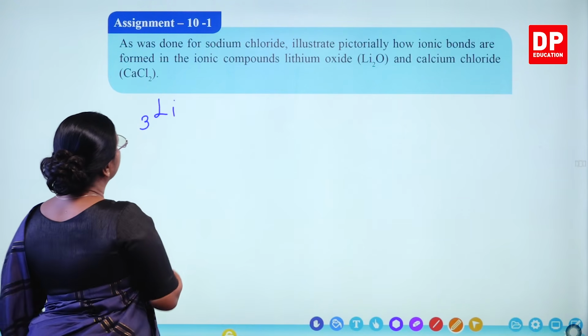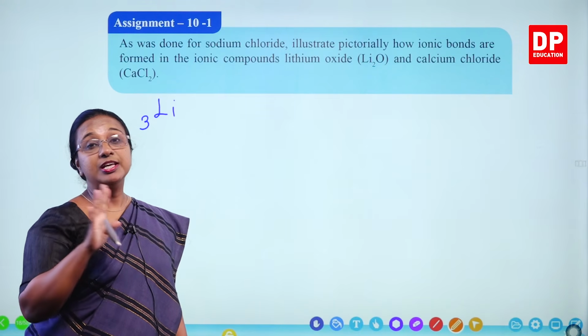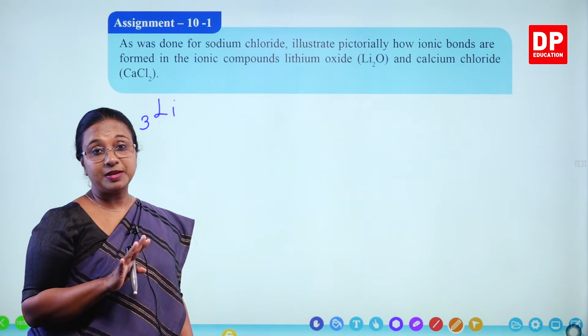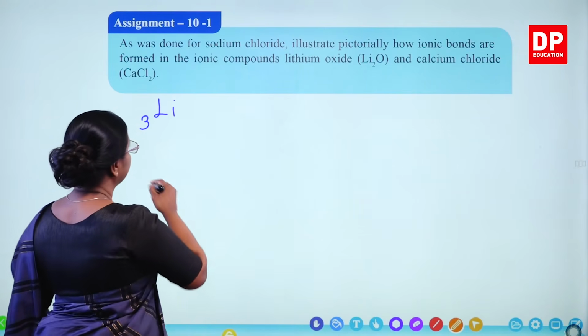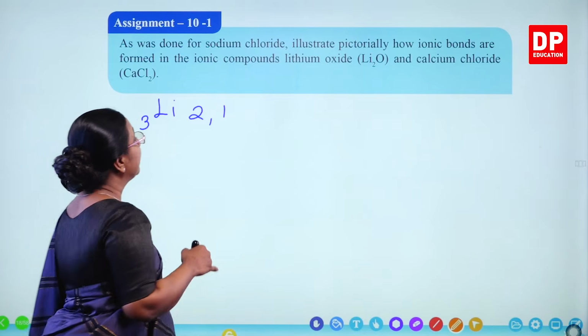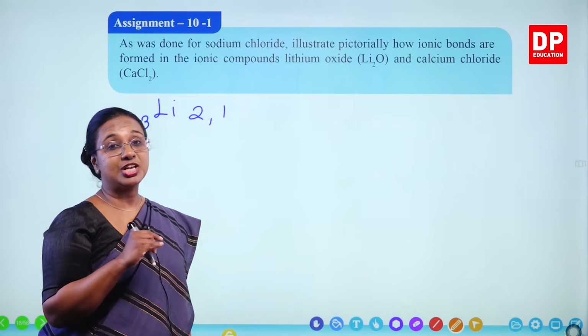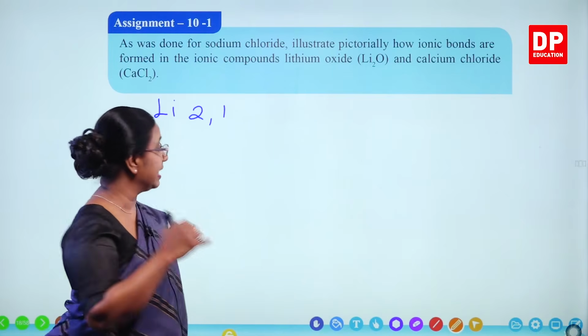You all know the atomic number of lithium is 3. By now you all know the first 20 elements of the periodic table, their atomic numbers and electronic configuration. So this is 2, 1. Here you can see the valence shell electron is 1. So lithium can lose 1 electron.